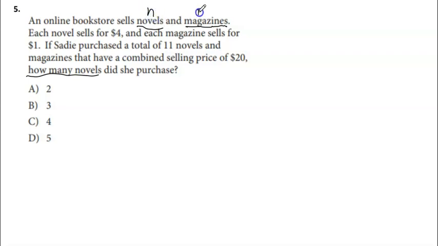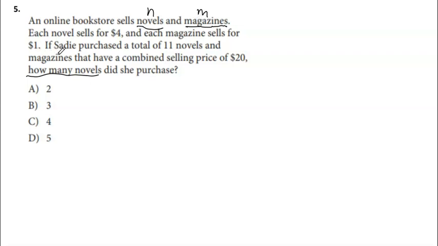The number of magazines, let it be m, right? So here right away we see if Sadie purchased n novels, then it's going to cost Sadie a total of 4 times n, right? Because each novel costs $4, right? And then the m magazines, each one costs $1. So if she buys m magazines, she's going to pay m dollars, right?